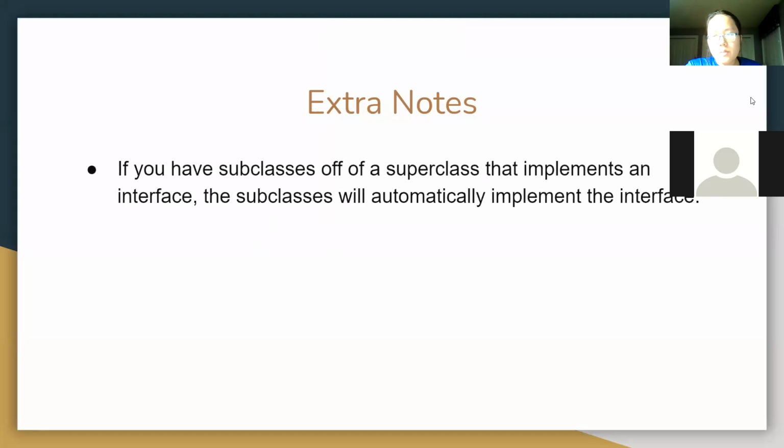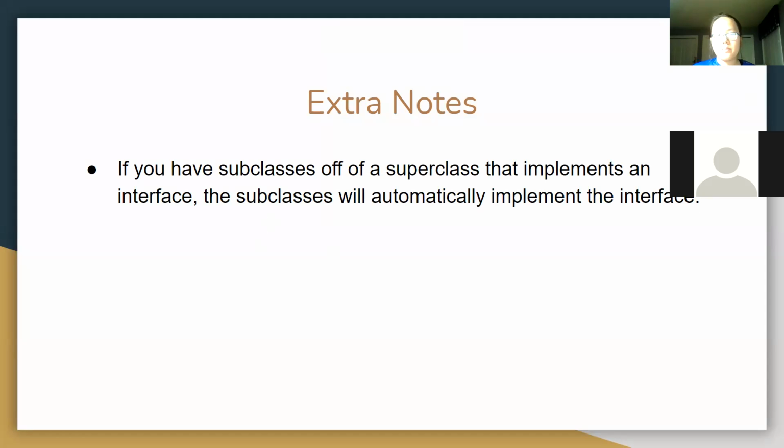Right, so extra notes, just finally. If you have subclasses off of a superclass that implements an interface, then the subclasses will automatically implement the interface. So you don't have to repeatedly implement it again and again because your superclass already implemented it, if that makes sense.